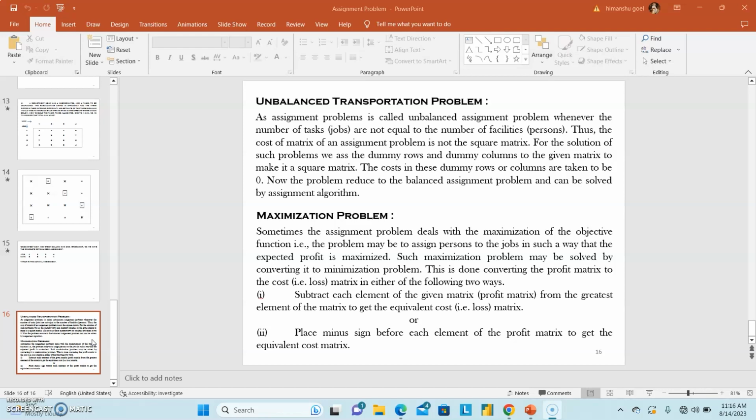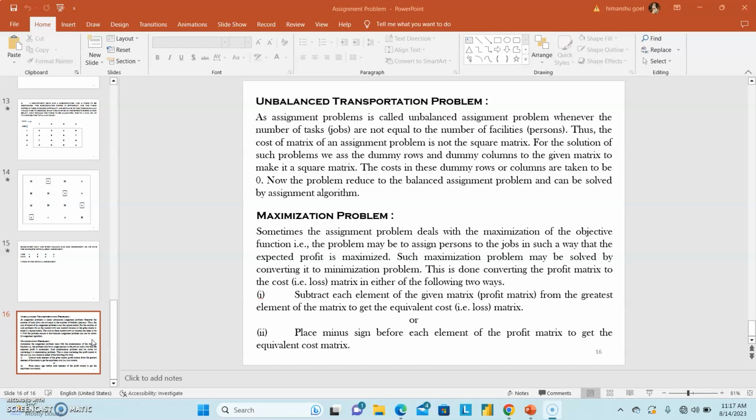Such a maximization problem may be solved by converting it into a minimization problem. This is done by converting the profit matrix to a cost matrix in either of the following ways. That means if the profit matrix is given, we have to convert it into a cost matrix using one of these two ways, and then we can solve it using the Hungarian or matrix reduction method.